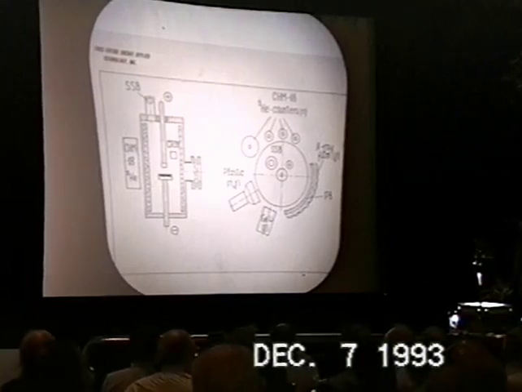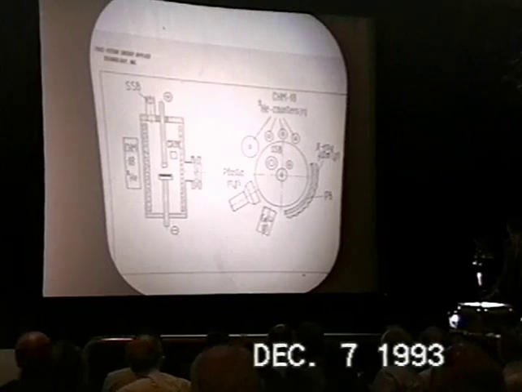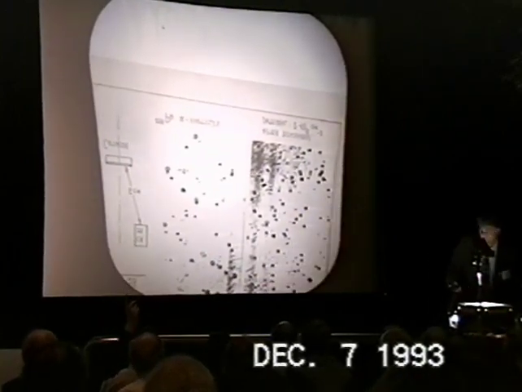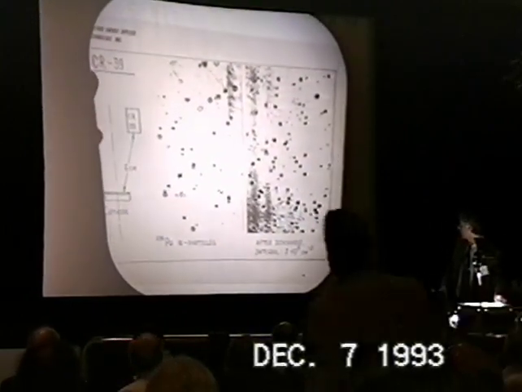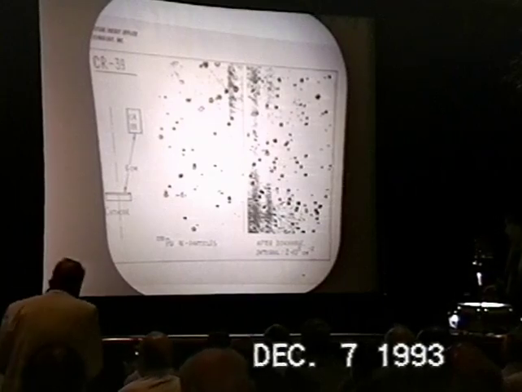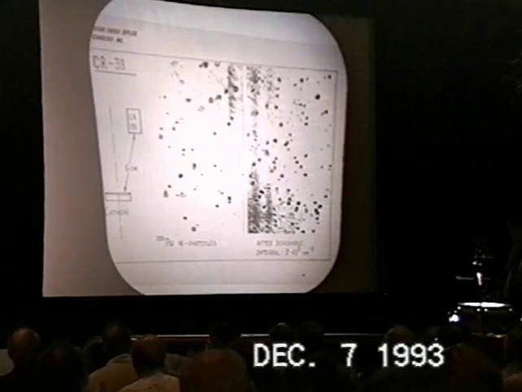We had a lot of measurements, a lot of strange results, so I have shown only some of them. So this is the result of a passive CR39 layer inserted in the vacuum chamber here.